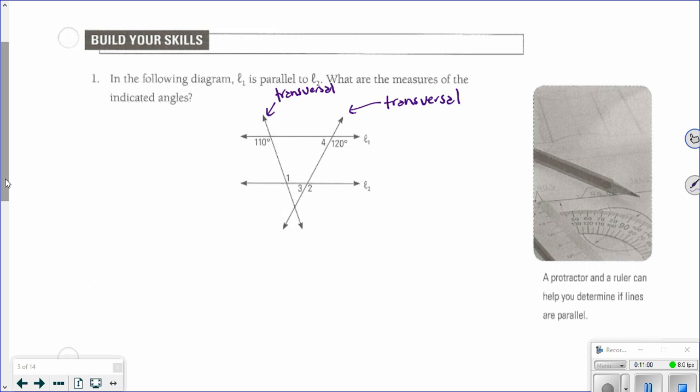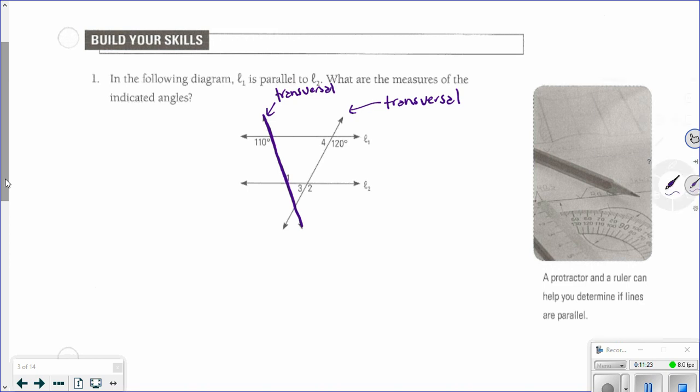The problem is the angles along those transversals only correspond to that specific transversal. So when I look at this first one right here, this 110 degrees is along this transversal line, and it has absolutely nothing to do with anything along the other transversal line.